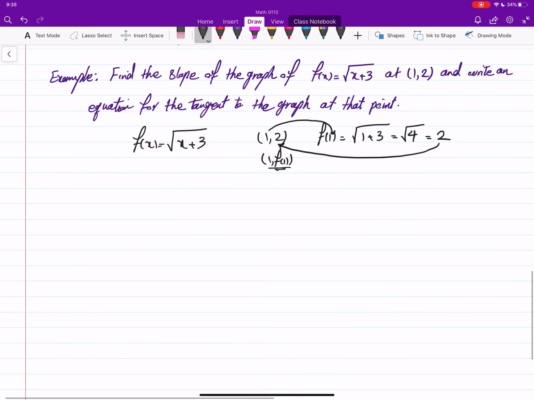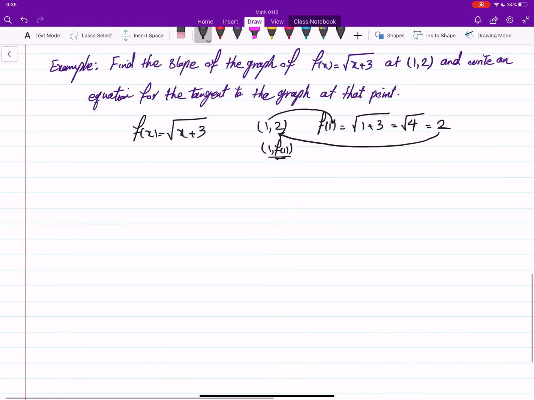Now we need to find the slope. How did we find the slope? Here c is 1. So always write f of 1 plus h minus f of 1 over h, limit as h goes to 0.